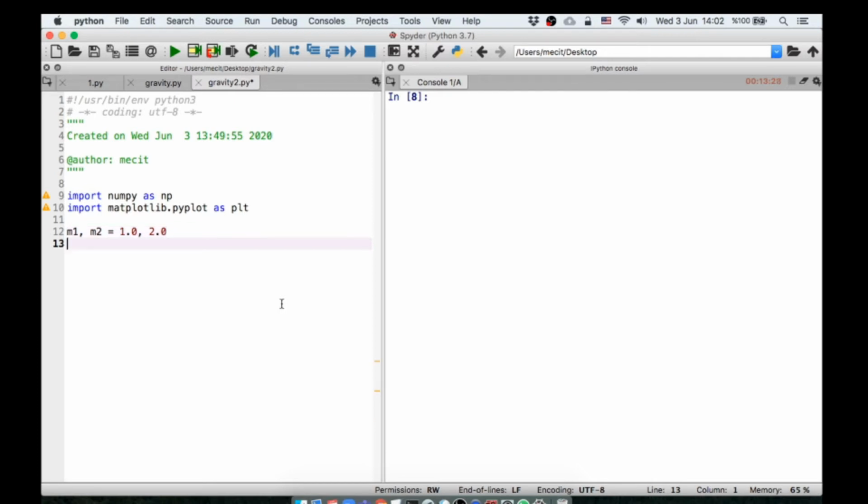Now, having two masses, what about the distance between them? In order to calculate the distance, we need to locate these masses on an xy coordinate. I forgot to say that at the moment we will be doing these calculations in 2 dimensions, 2D.